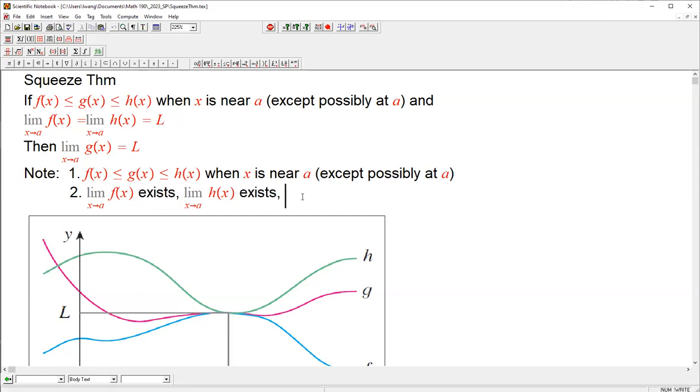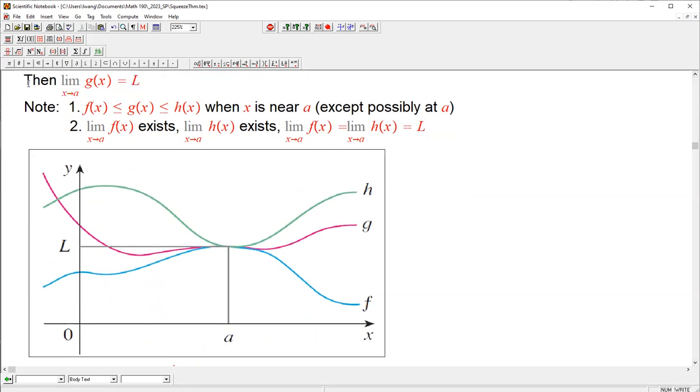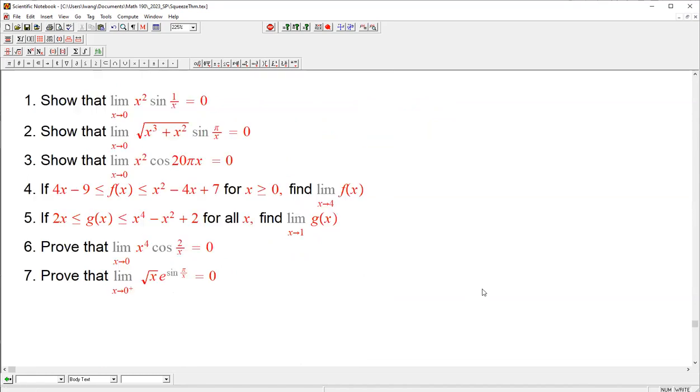And thirdly, the two have the same limit. So these are the two major conditions. The second condition implies three. So when we check these conditions, they need to be all satisfied in order for us to apply the conclusion of Squeeze theorem.